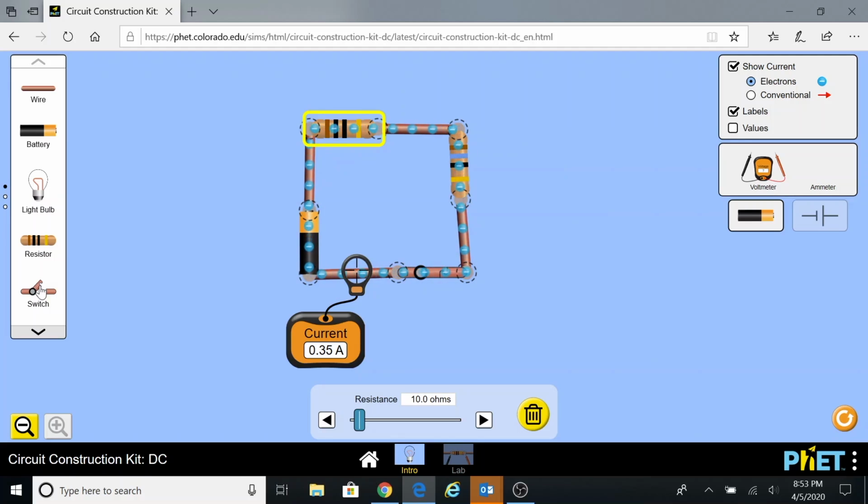Now, we are going to release you to do two experiments using this lab. The first experiment, you are going to look at the relationship between electrical potential and resistance and current.